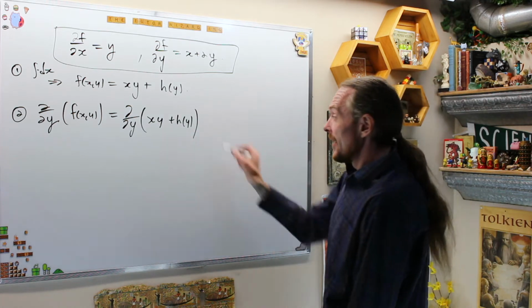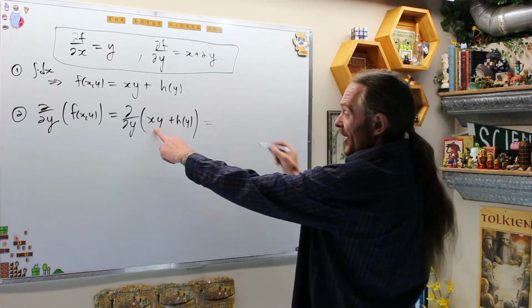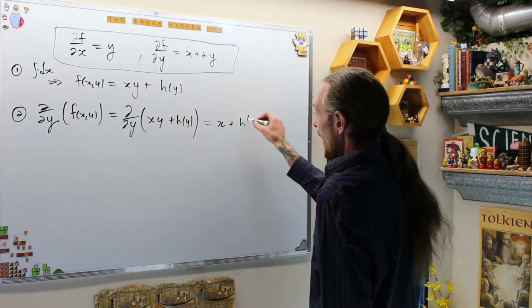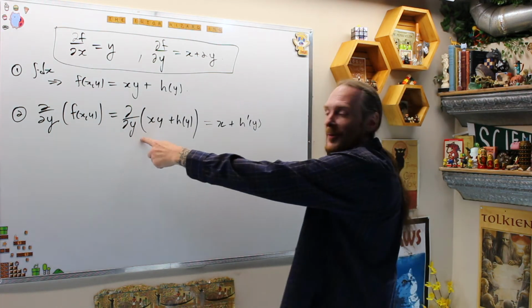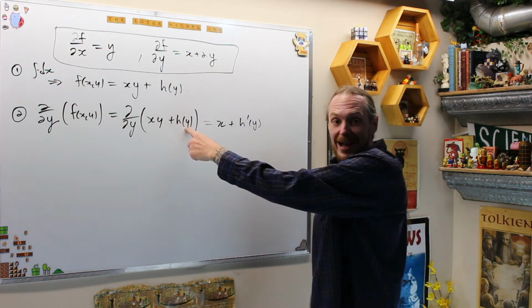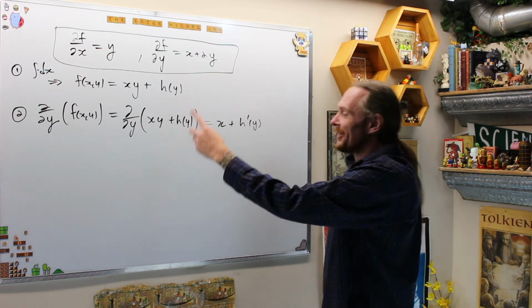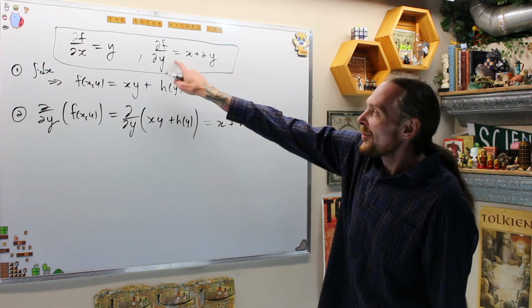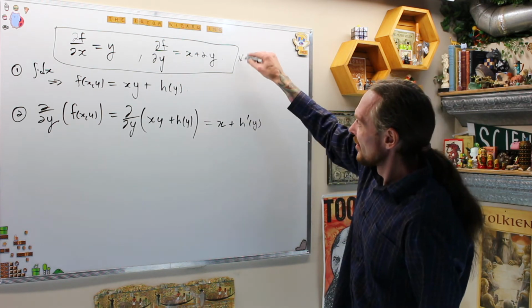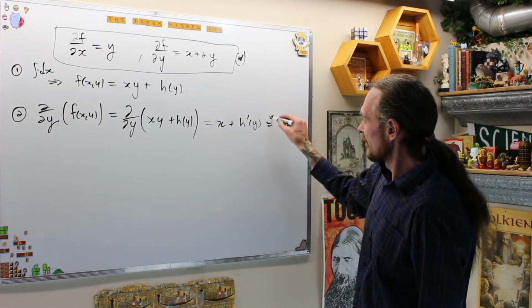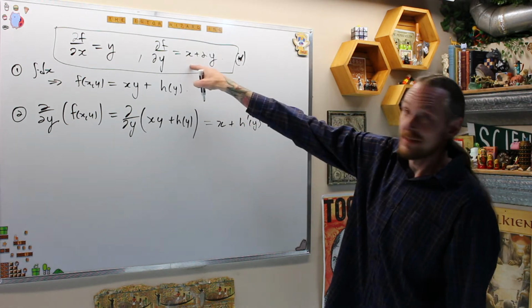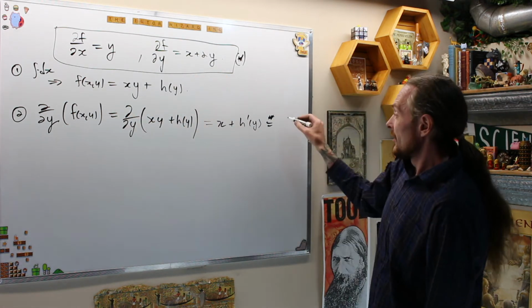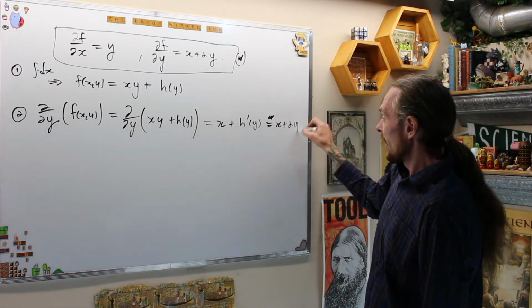How do I do that? The partial derivative with respect to y is now x plus h prime of y. The partial derivative with respect to y of a function of y is the ordinary derivative, and therefore we just get h prime of y. What does that say? From this, now, this is the partial derivative, so that should be x plus 2y.